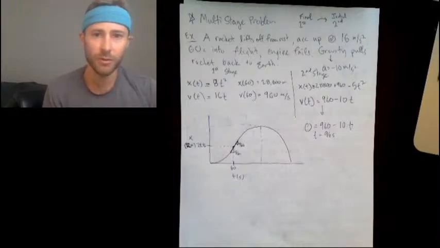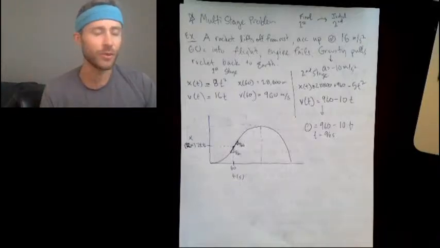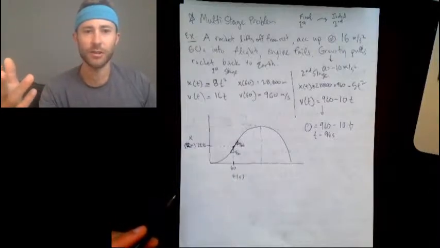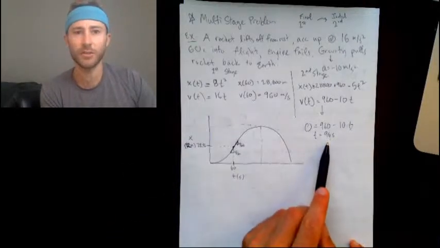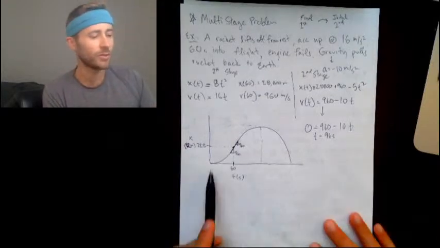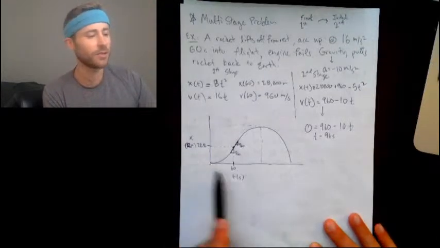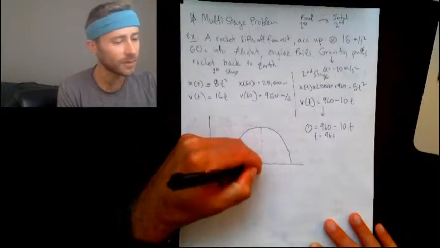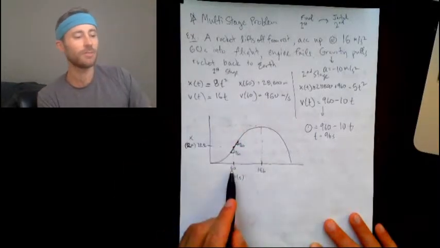One thing you have to be careful about is that for the second stage, we restarted the clock at 0 when the second stage started. So this is actually 96 seconds after the second stage started, which, if we're counting from the very beginning, is going to be 156 seconds. So I added that to the 60.